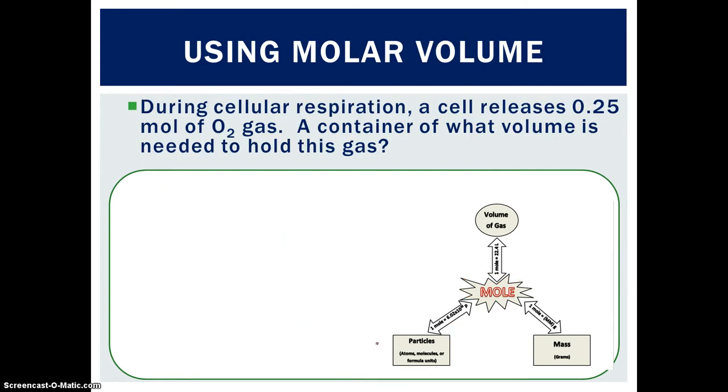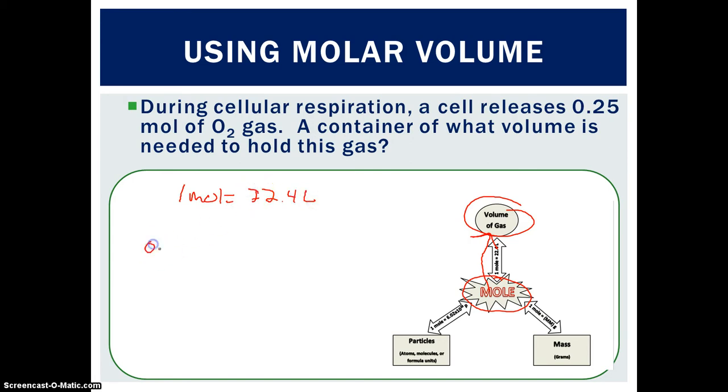Alright, let's do another one. We have a volume of gas given. Oh no, sorry. We have moles given, and we want volume of gas. So a cell releases 0.25 moles of O2 gas. What volume would be needed to hold this gas? So my conversion factor, 1 mole is 22.4 liters.